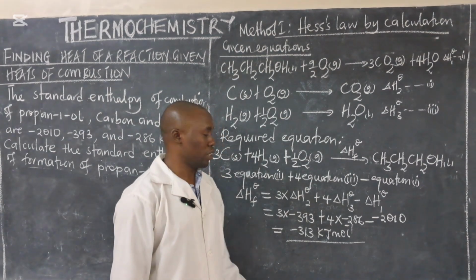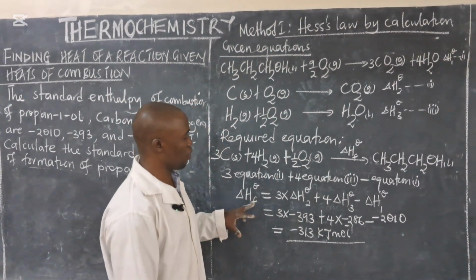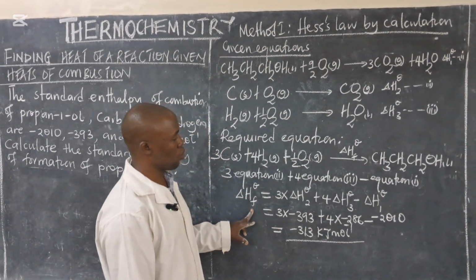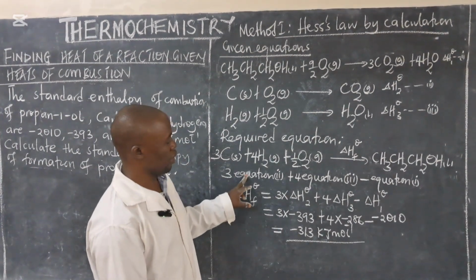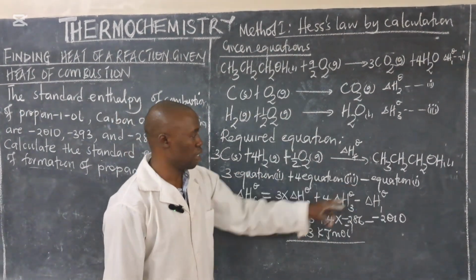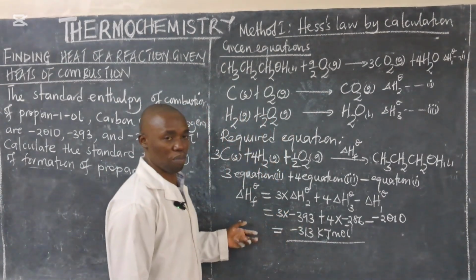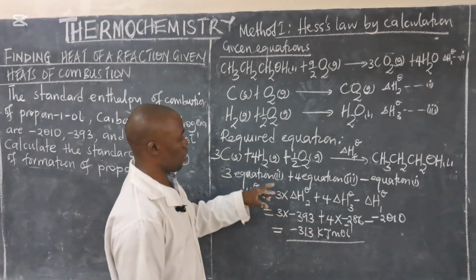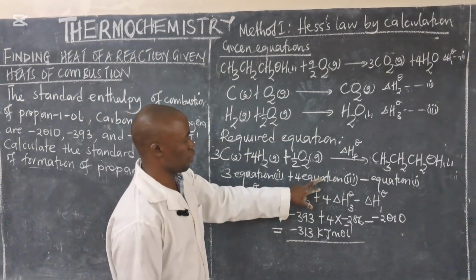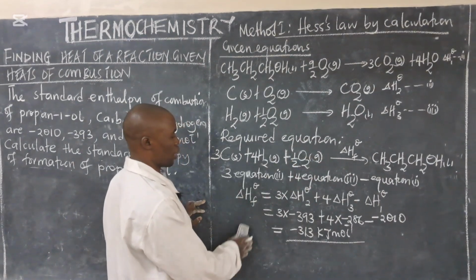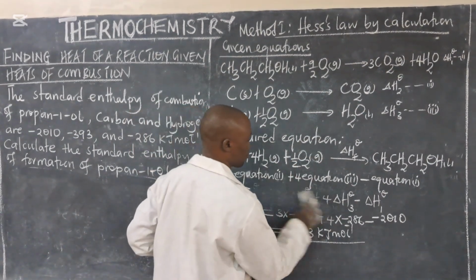Now, some students might be interested in finding out how these equations yield this one. You can go ahead, if you have enough space, to show how this expression turns into this one.